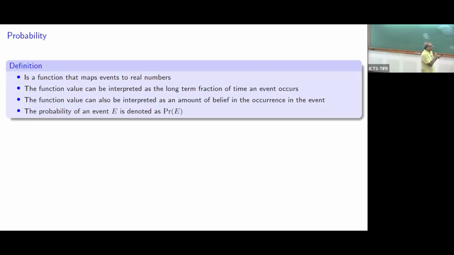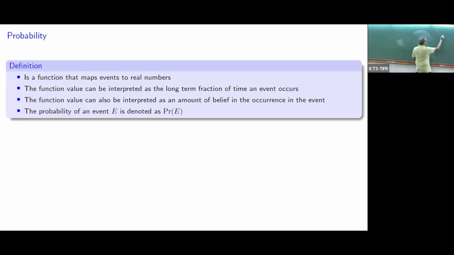So you think about probability as something that assigns these chance values to events. So they map events into real numbers. So if I have an event here, there is a function that tells me what the chance value of this is.